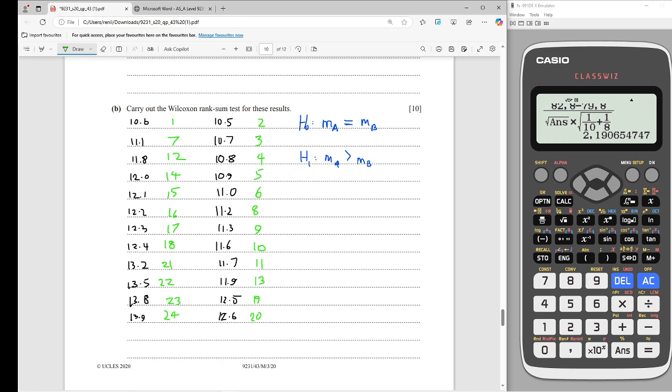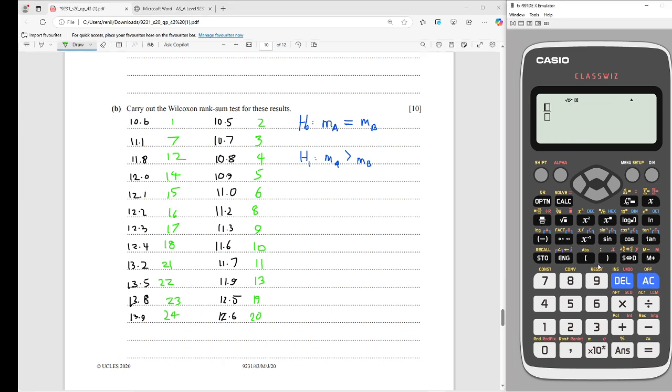Now we can just calculate the total of all these ranks. So for the first one it is 1 plus 7 plus 12 plus 14 plus 15 plus 16, 17, 18, 21, 190.